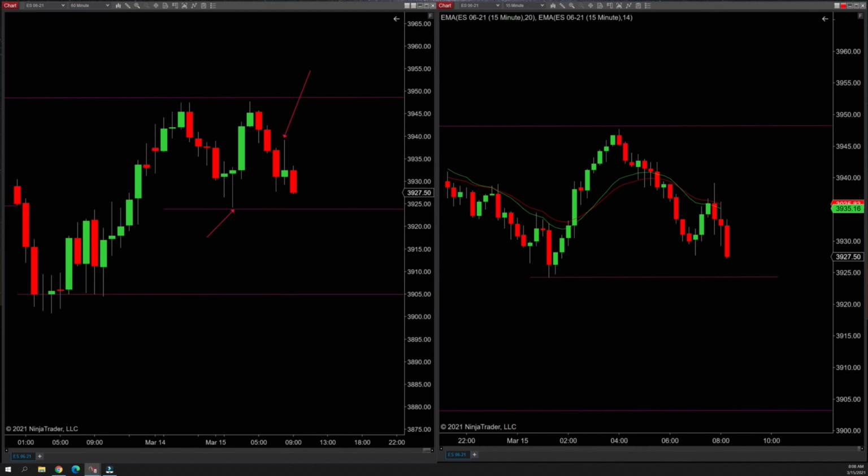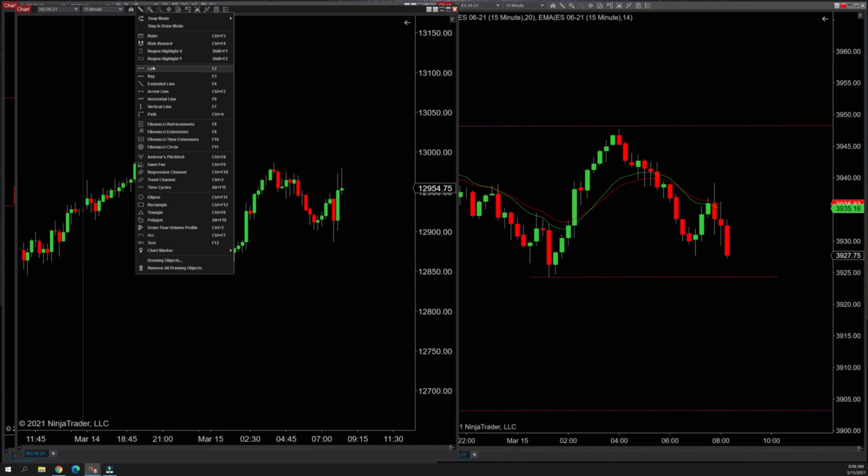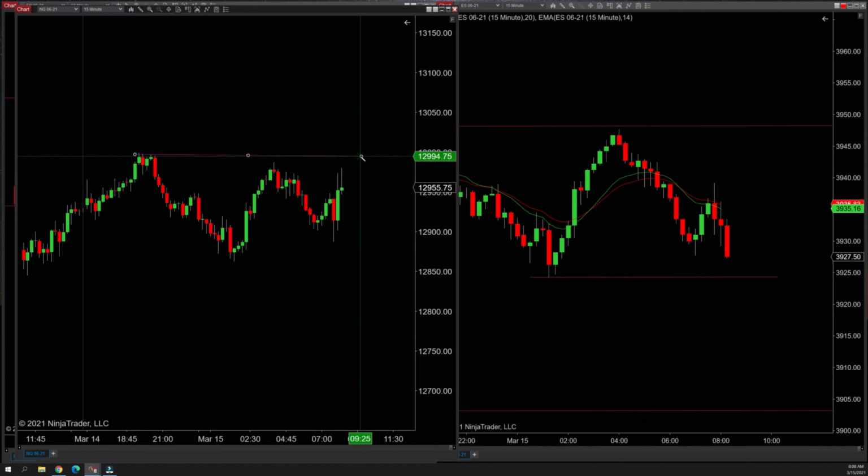Now, I can also zoom in on RTY here, or the NASDAQ, and be looking at this as a fade opportunity, seeing how weak the other indexes are. So I'm trying to decide right now if I want to enter this left chart.